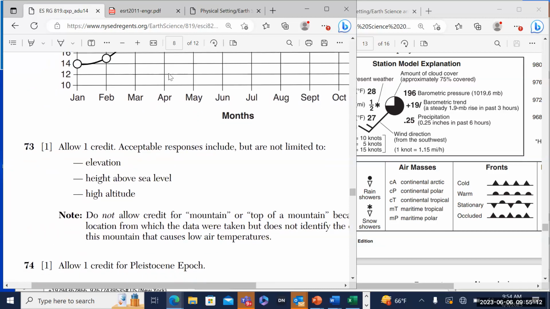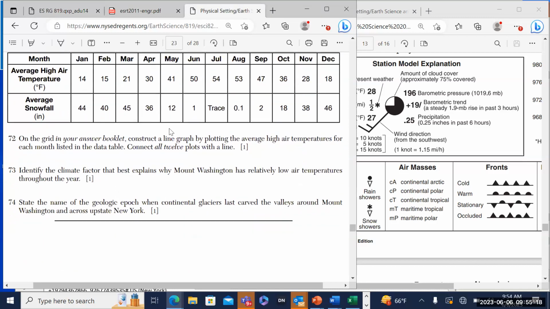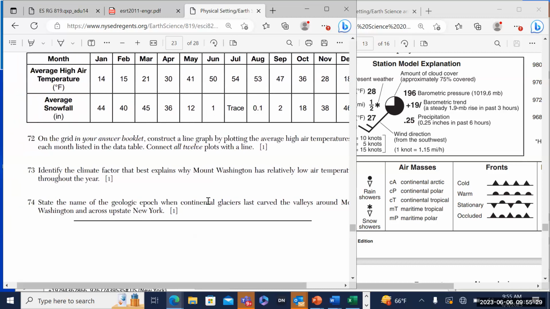For number 74, it states, state the name of the geologic epoch when continental glaciers last carved the valleys around Mount Washington and across upstate New York.